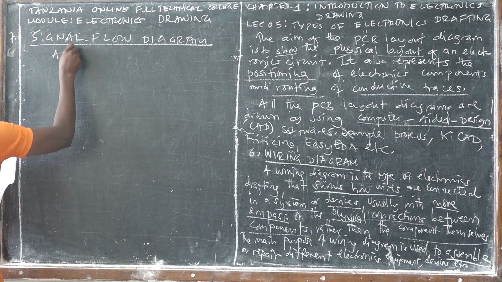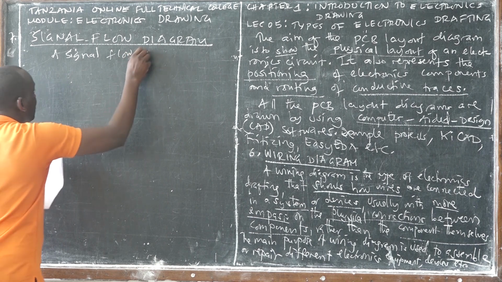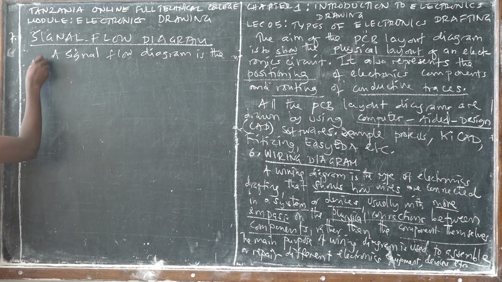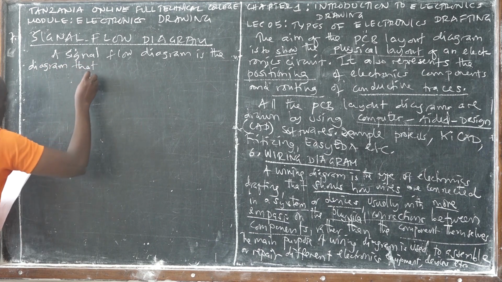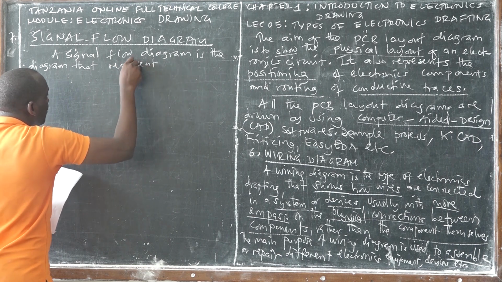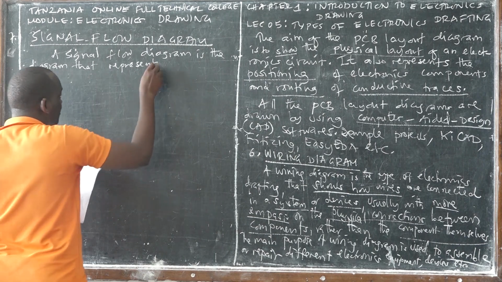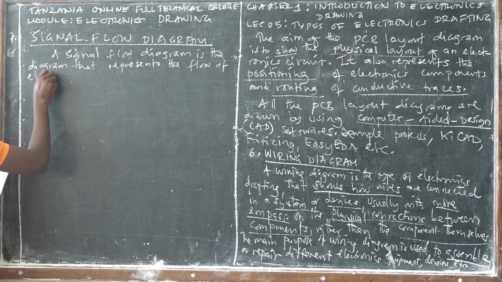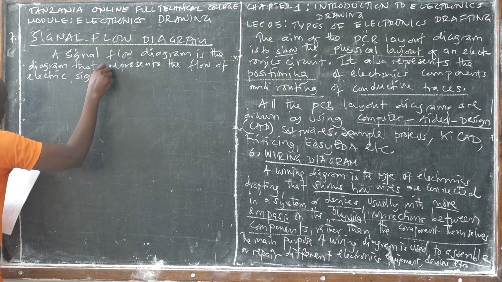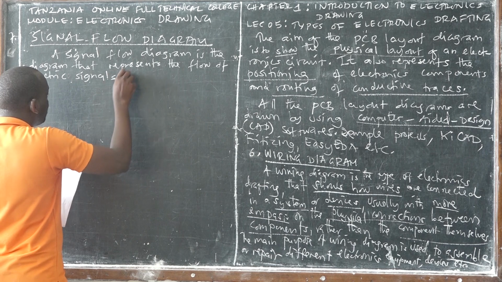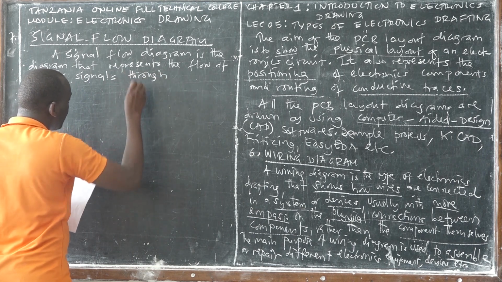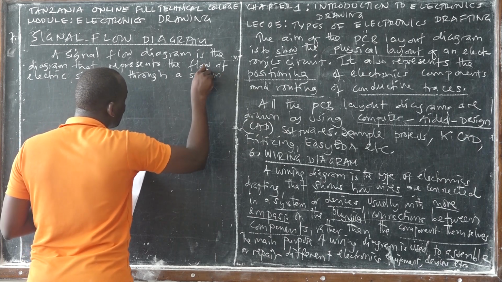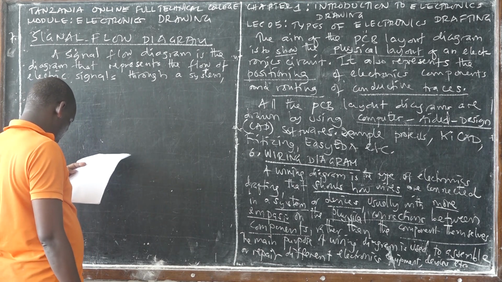A signal flow diagram is a diagram that represents the flow of electric signal through a system or circuit.